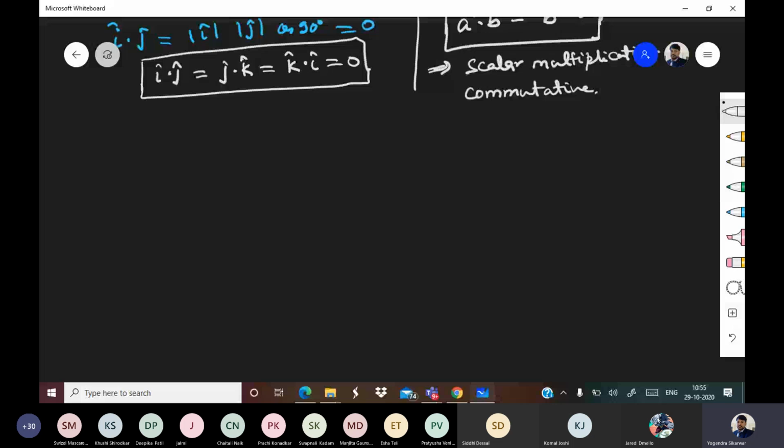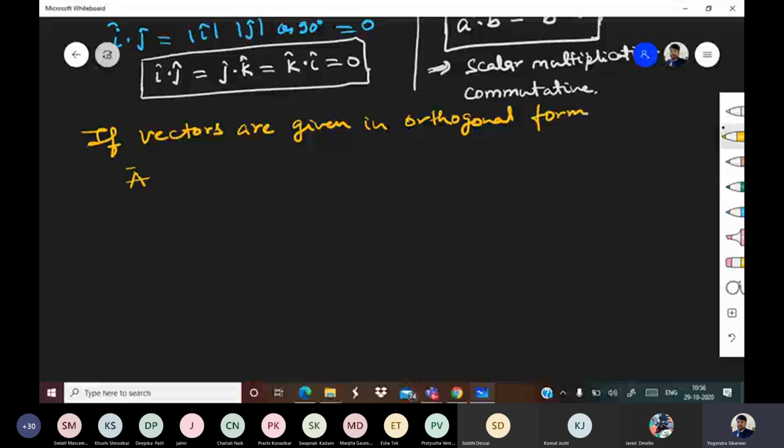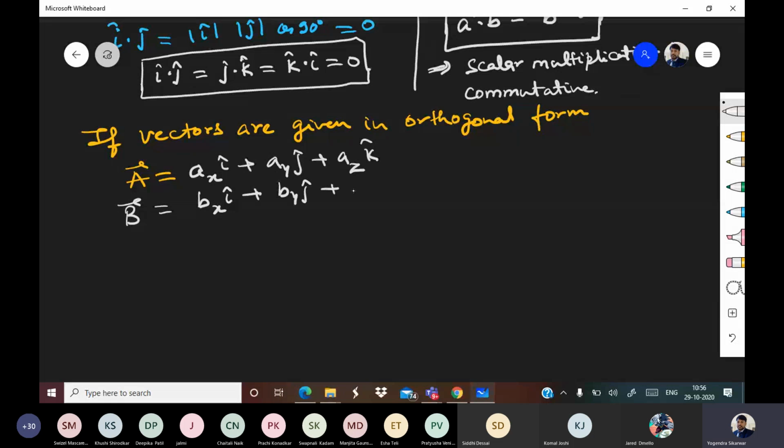So, if vectors are given in orthogonal form, that means a vector is equal to ax i cap plus ay j cap plus az k cap, and b vector is equal to bx i cap plus by j cap plus bz k cap, then a vector dot b vector will be ax bx plus ay by plus az bz.